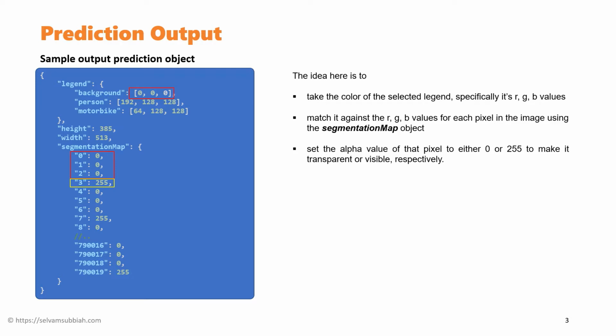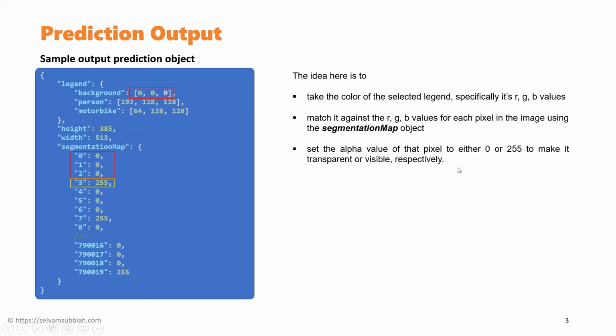So in this case, what we are doing is taking the RGB color code of a particular object class, and then matching it against each pixel's color. If it matches, based on our selection on the UI, and we had clicked remove the object, then we would set the alpha value of that pixel to 0.